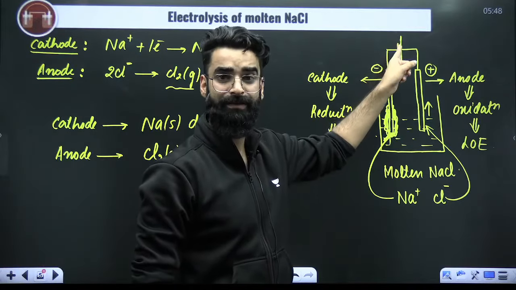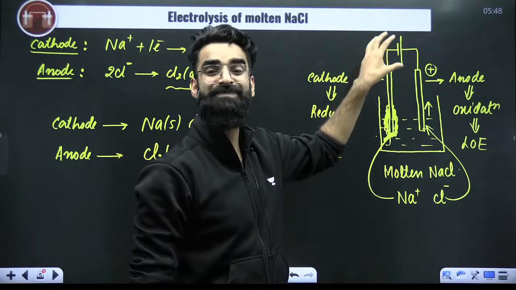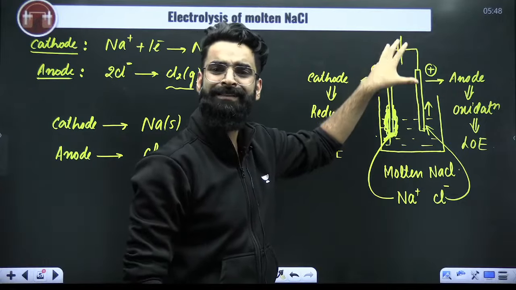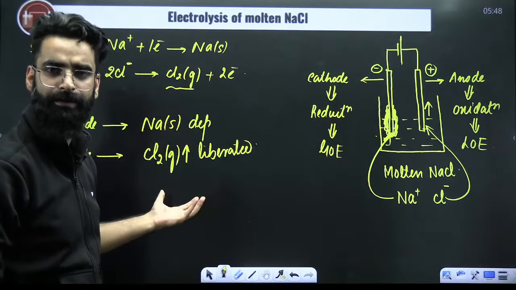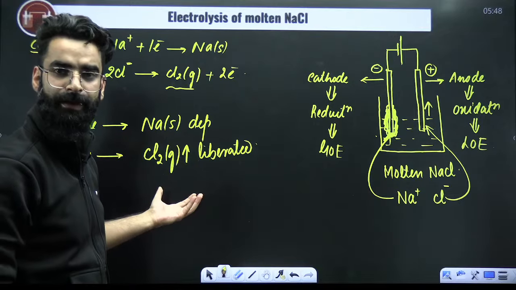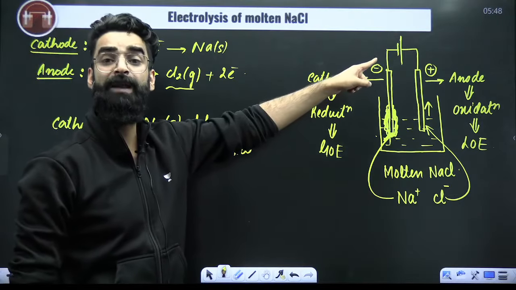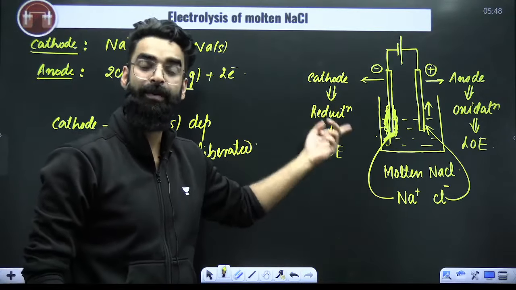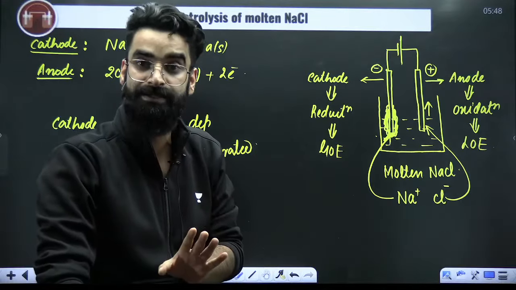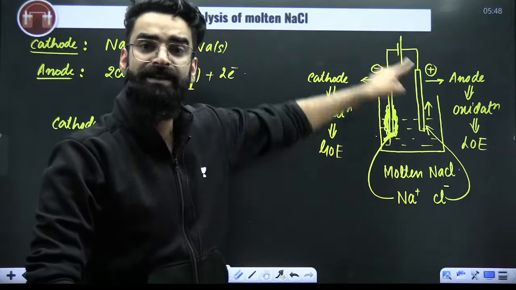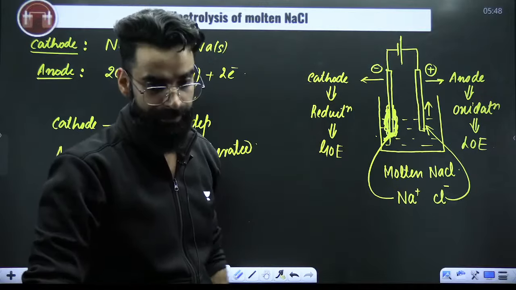You have used an external battery here. So what this battery exactly does is send the current in the solution, due to which these reactions are happening over here. So with the help of current, the reactions are happening. The reactions which were supposed to be non-spontaneous, we are making them spontaneous with the help of this external current.